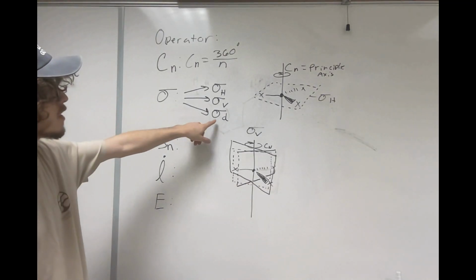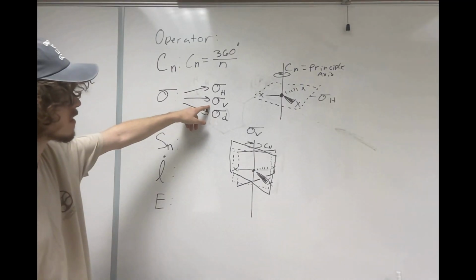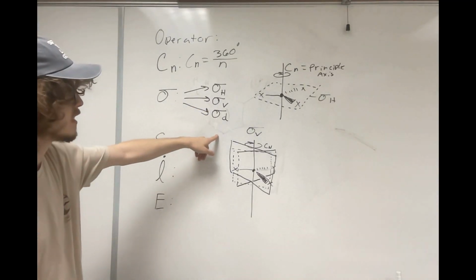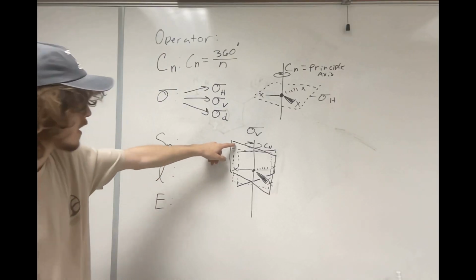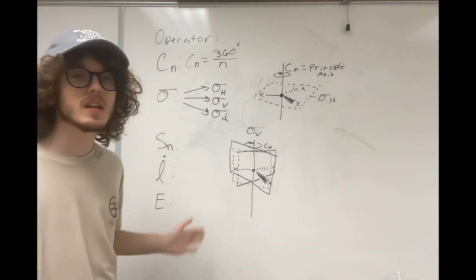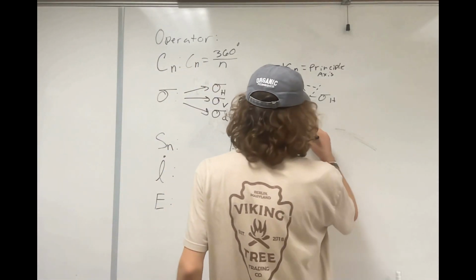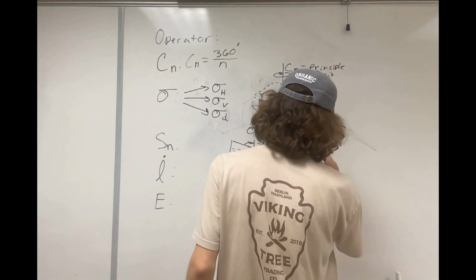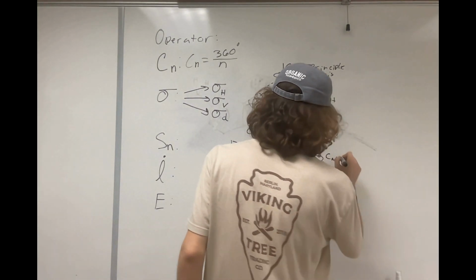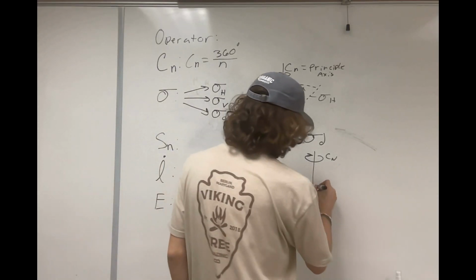However, if sigma v exists, then sigma d exists. And sigma d is like sigma v, but it's in between the atoms. So for sigma d, we have that principal axis of rotation.